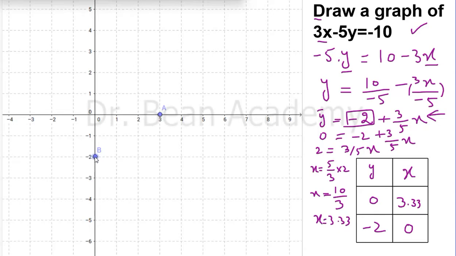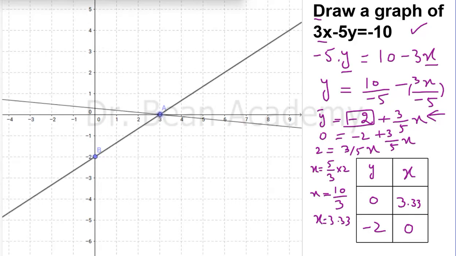Now it's time to draw the graph of this equation by joining these two points through a straight line. So I start from B and I will end at A. So here is point A. This is the graph of this equation, but it is not very precise, because point A is at 3, and according to my ordered pair, the point is 3.33, so it should exist somewhere here.